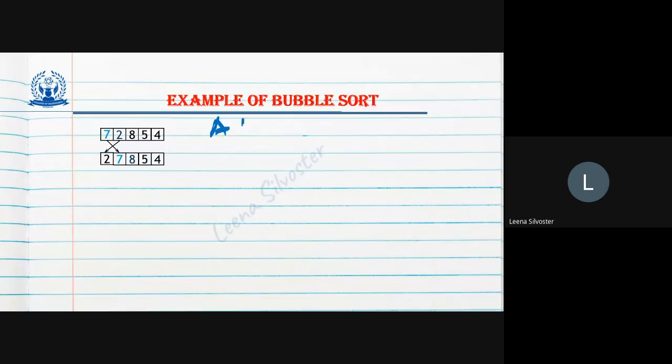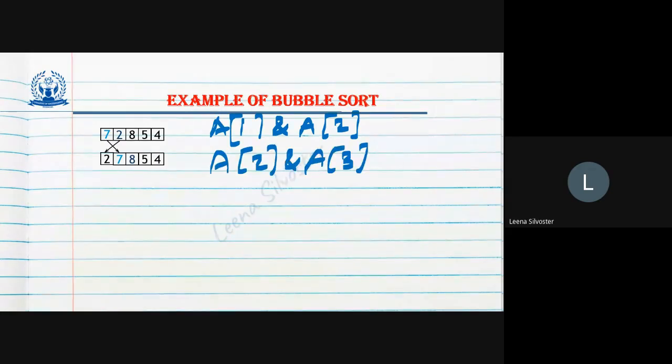Okay. So up to this we had compared A1, A2, and then A2, A3. Then what is the next step? We just wrote this 7 and 8. There is no exchange.